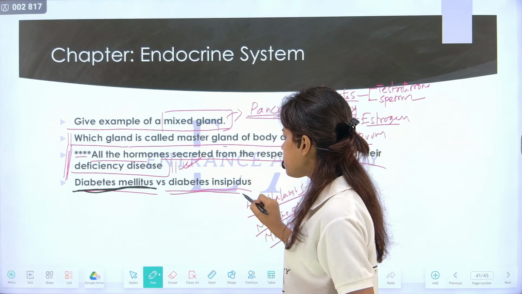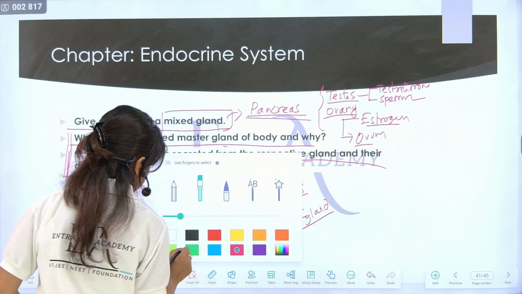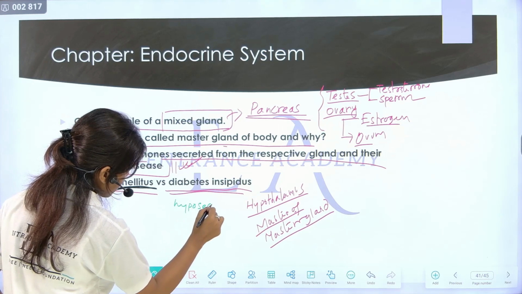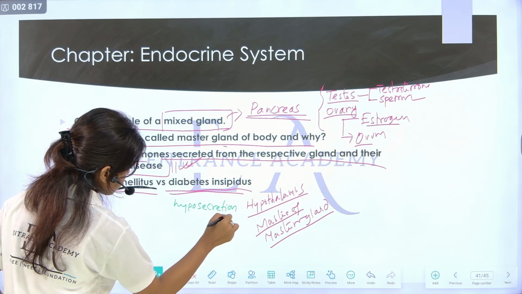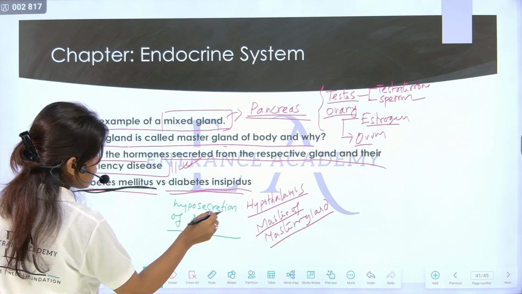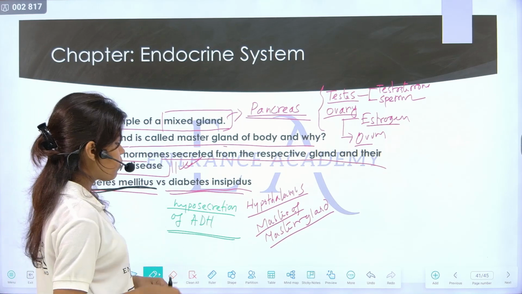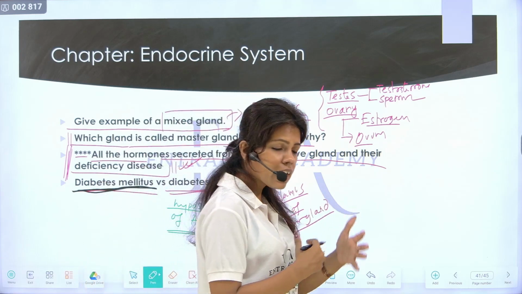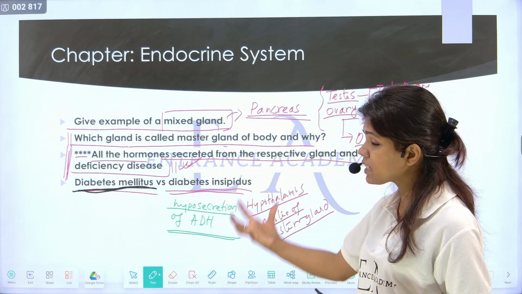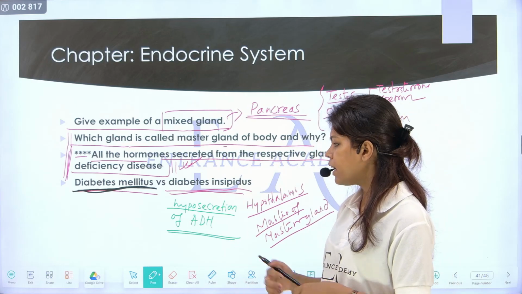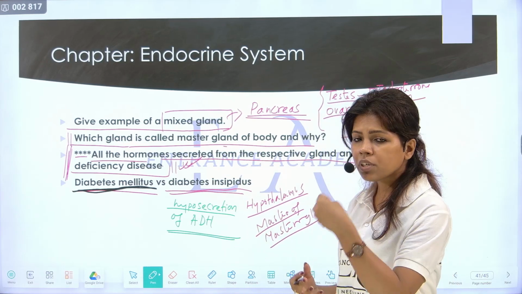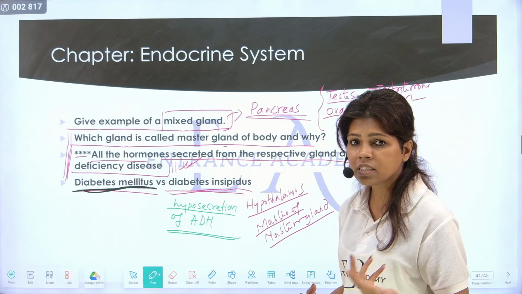And diabetes insipidus is caused due to the hyposecretion of ADH hormone. I have discussed this question in the part of the excretory system also. ADH hormone helps in the reabsorption of water. If ADH hormone is less or insufficient in our body, then the reabsorption of water will not take place, and the urine will have a higher concentration of water.